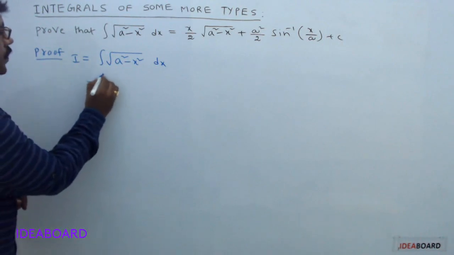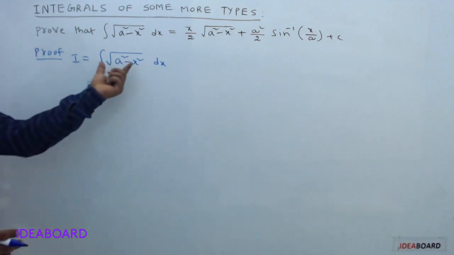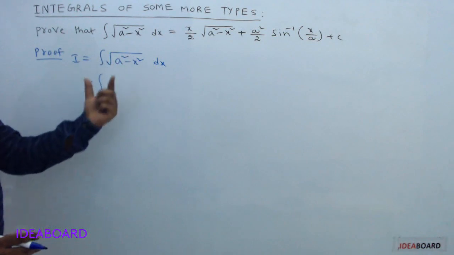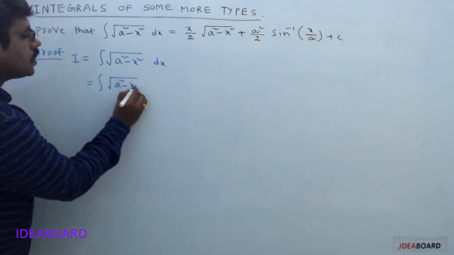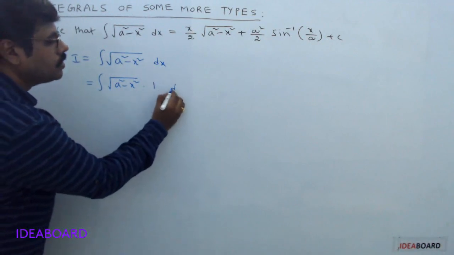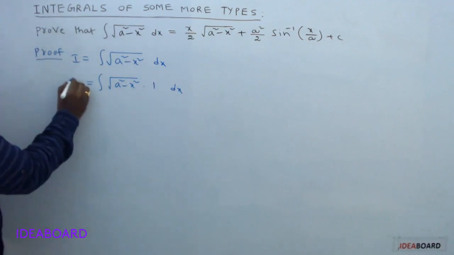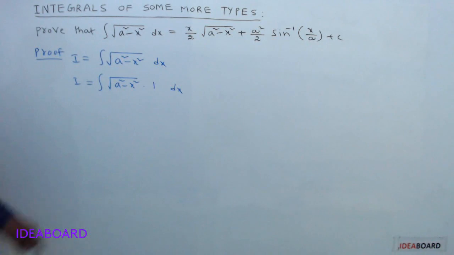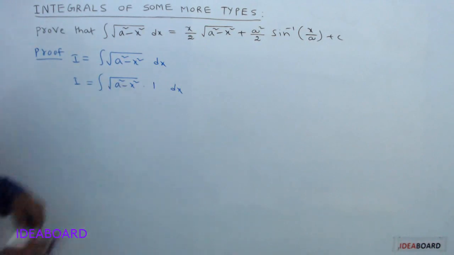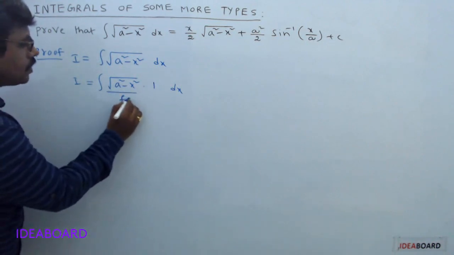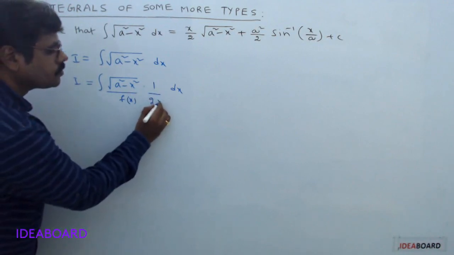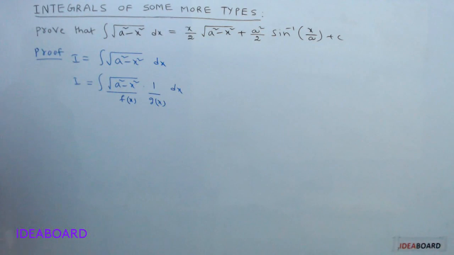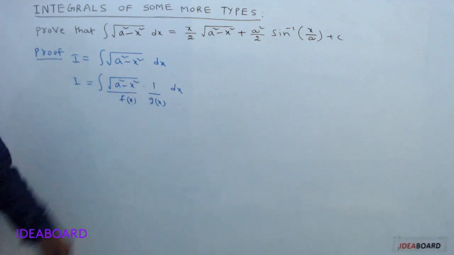Now this integral, root of a square minus x square, can also be written as root of a square minus x square into 1 into dx. Here consider root of a square minus x square as f of x and 1 as g of x. Then you can apply the integration by parts formula on these two functions.